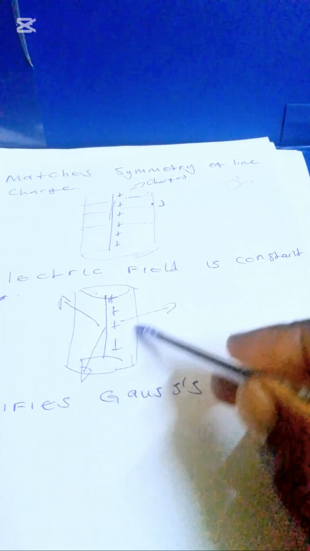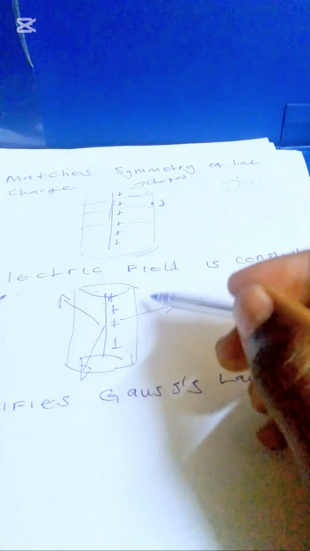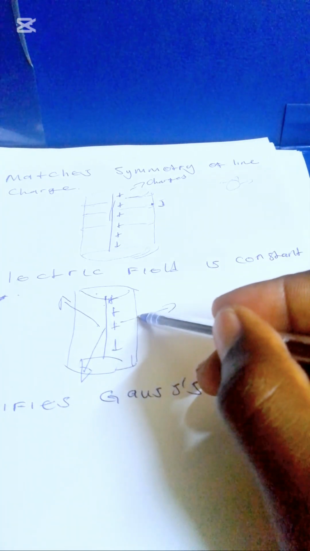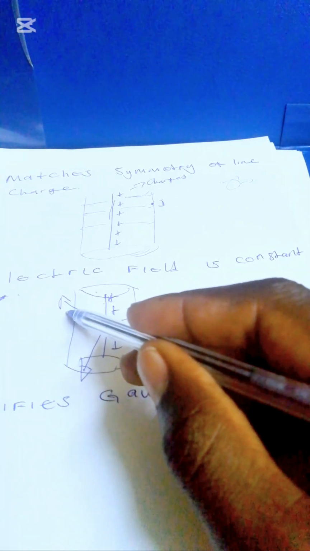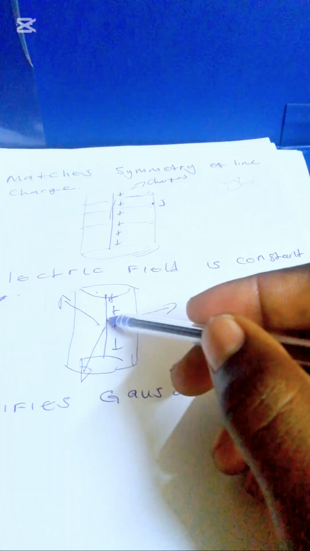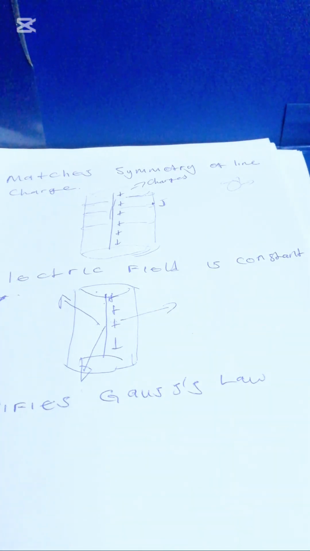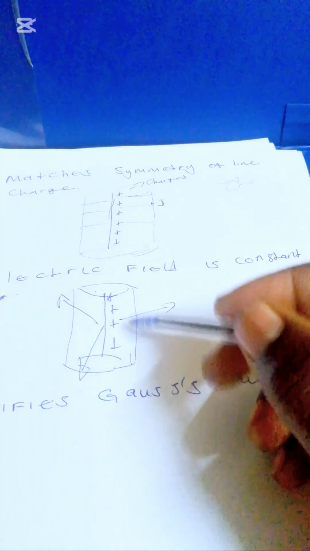So that's why the electric field will be constant. It will be constant because the field will be perpendicular to the surface, at the same distance.